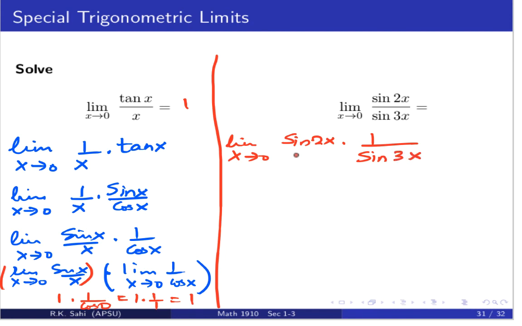Okay, now let's look at 2x. It is missing a 2x in the denominator, remember? We need a sine x over x, or sine 2x over 2x. So what we can do is multiply and divide by 2x. Okay, let me write it much nicer here.